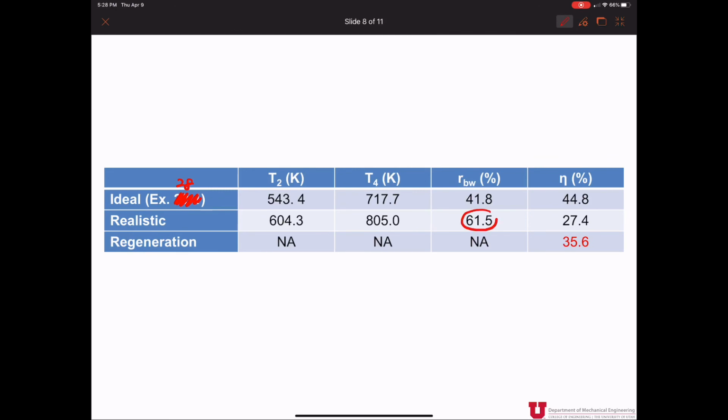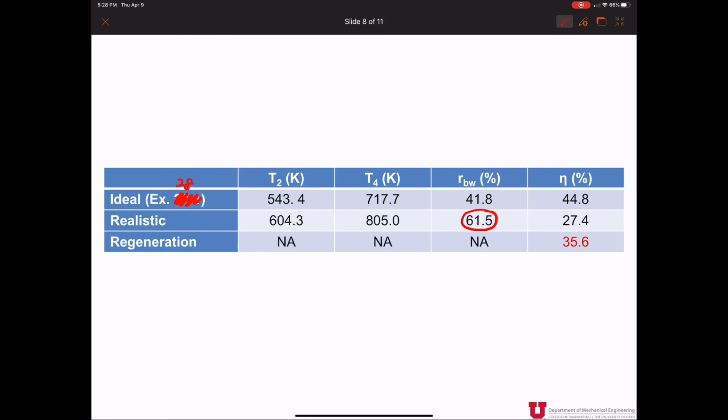So what it means is that for this actual gas turbine, around 62% of the power generated by the turbine should be used to run the compressor. Only around 38% is used as net power. So that is a big loss, right?